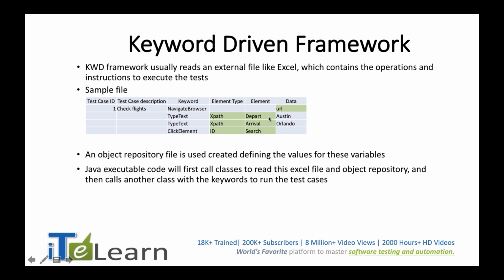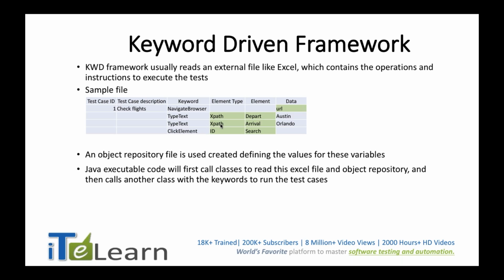For these highlighted areas in a keyword driven framework, the difference in the way we approach it is that it has an object repository file in the project itself. When we're building the project, you can have an object repository file that defines the actual values of these keywords. Why do we need the element type?